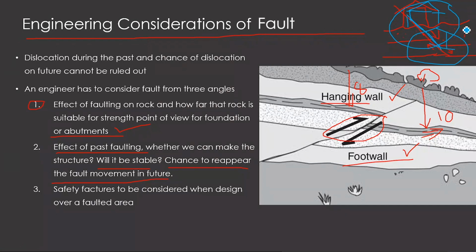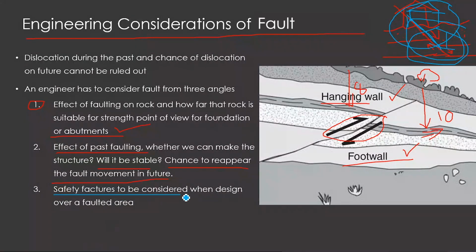So how do we know whether this movement can happen in the future or not? That is by a detailed geological study: what was the last time it got activated, what was the last time it got displaced, how much it got displaced, and what is the present condition of that displacement, whether it is accumulating energy or not, whether there is a chance of movement along that or not. So that will be done by a detailed geological study.